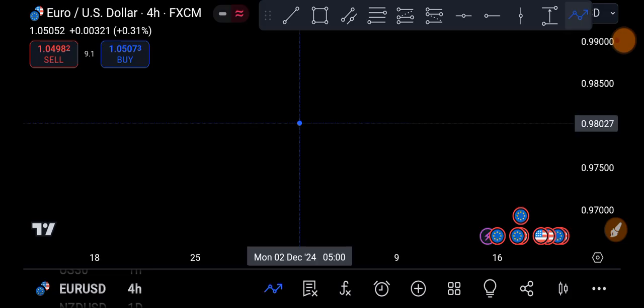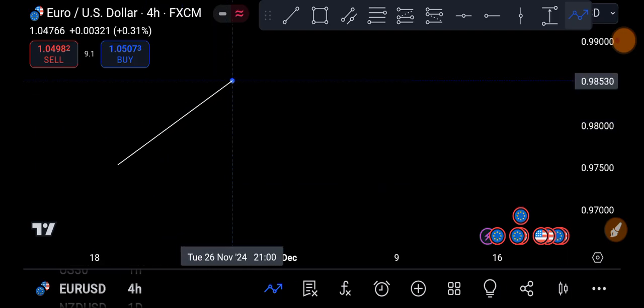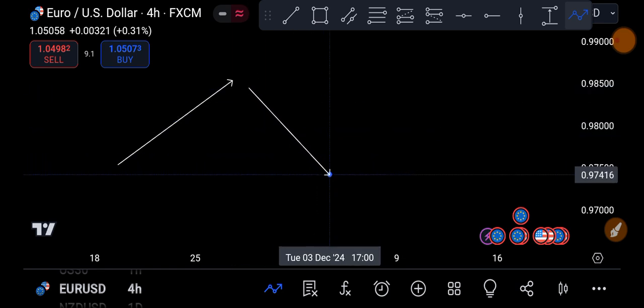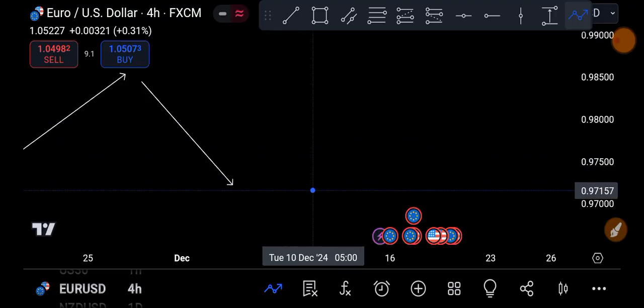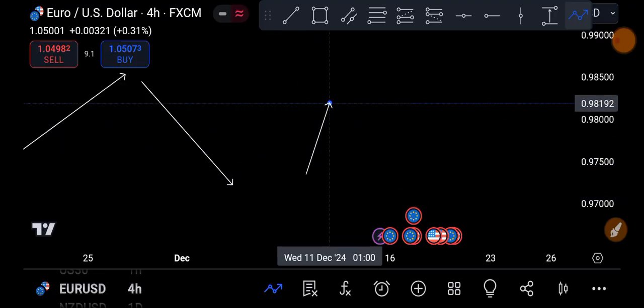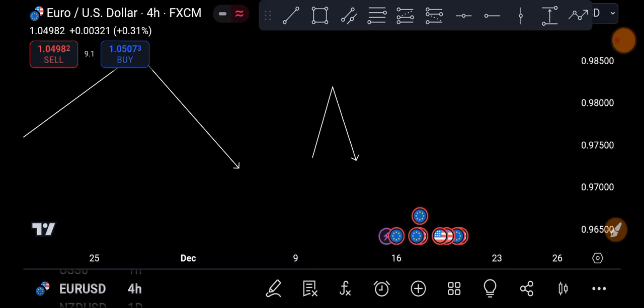So in forex trading, there are three types of trends. We have the uptrend, where the market is moving up. We have the downtrend, where the market is moving down. And we have what we call the sideways, the range or the consolidation market, where price is not really having any specific goal.